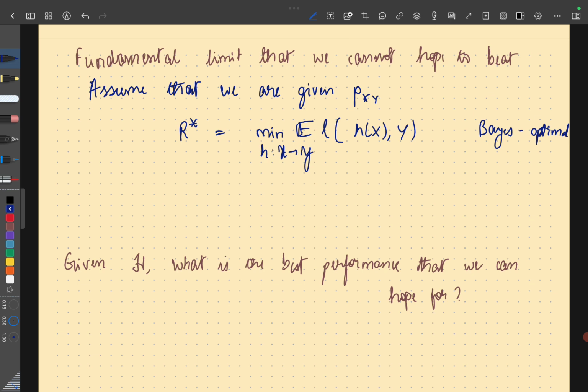If we are looking at specifically classification, then the Bayes optimal solution has a specific form.